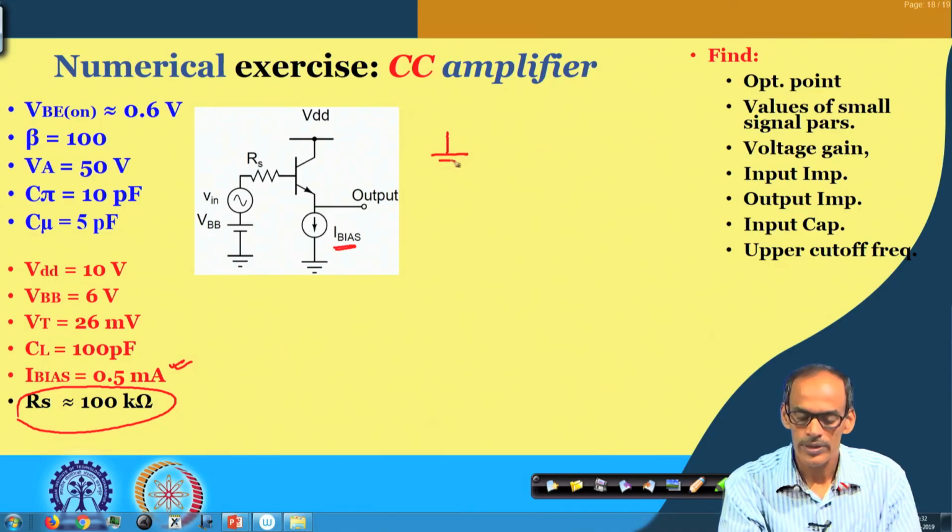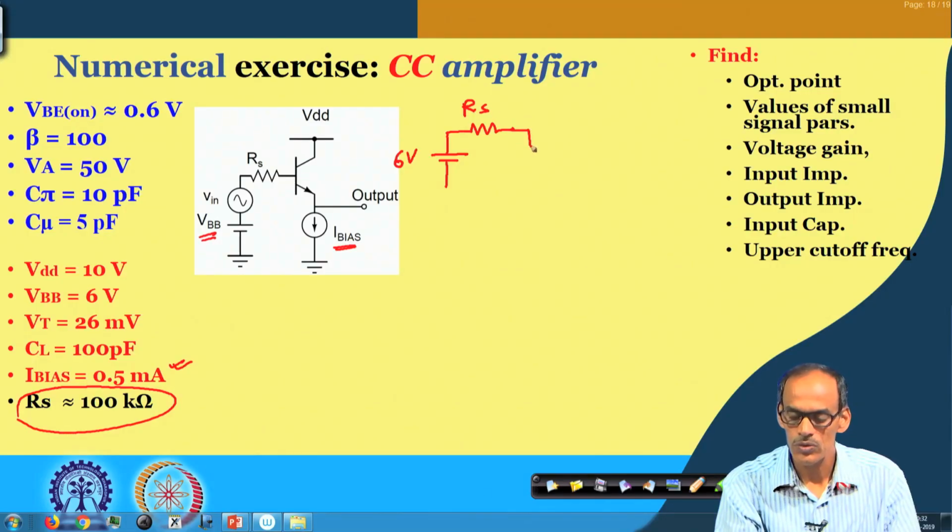So, at the base we do have the 6 volt out of this VBB, and then we do have the RS, and then from base to emitter we do have a voltage drop. I am just circling it to indicate that this represents VBE on.